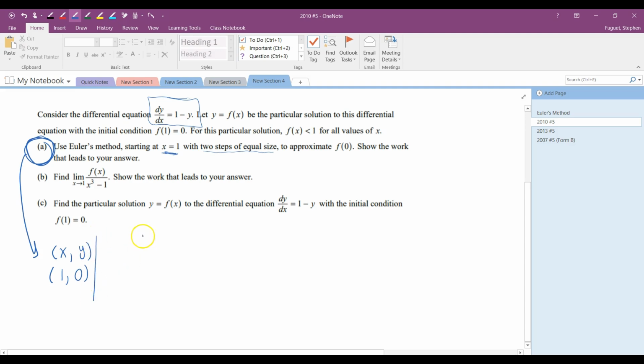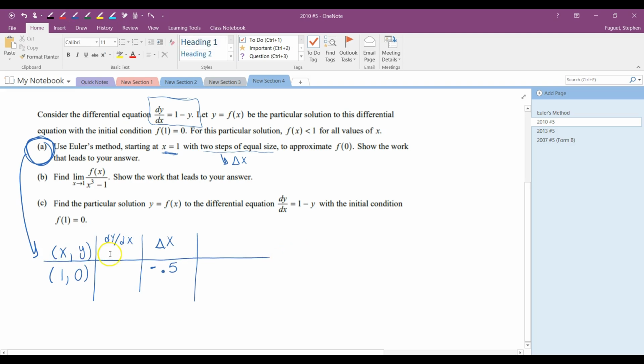So we're going to want to use 2 steps of equal size, and that's referring to my delta x. So my delta x here needs to be 2 steps in between 1 and 0, which means my delta x is going to actually be 0.5. Now, because I'm going from x equals 1 to x equals 0, I'm actually going to make it negative 0.5 in this case. So here's how I would like to set this up.